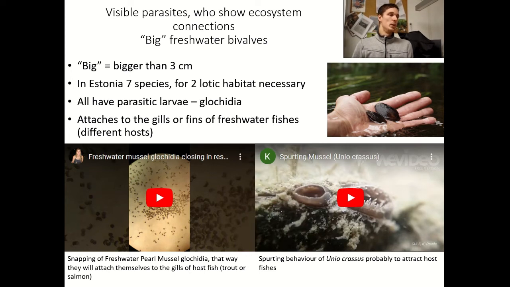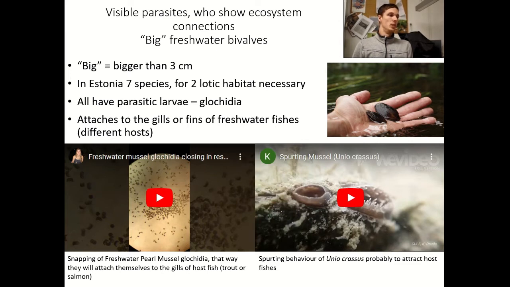And that's probably why the thick-shelled river mussel can live also on the fins and the gills of the fish, so it attaches with the hooks to the fins of the fish. But the freshwater pearl mussel only lives on the gills of the host fish.